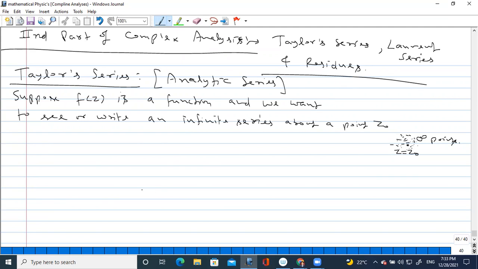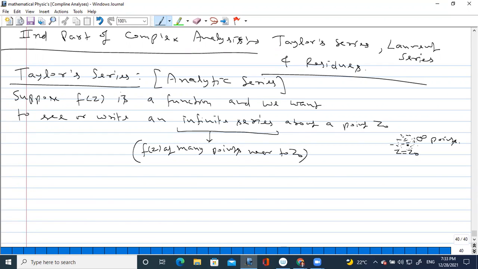What is the specialty of this infinite series? These are many points, f(z) value at many points near to z0.